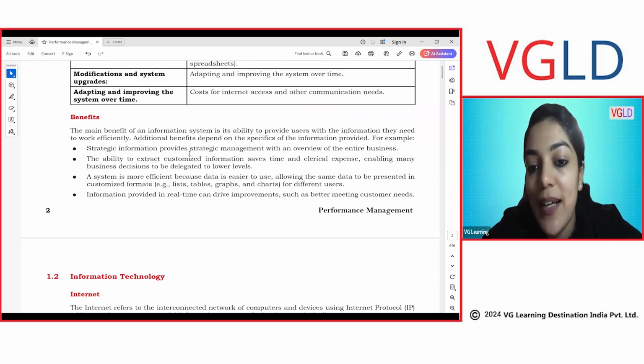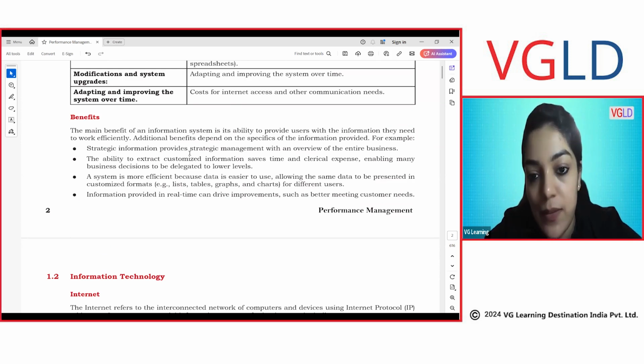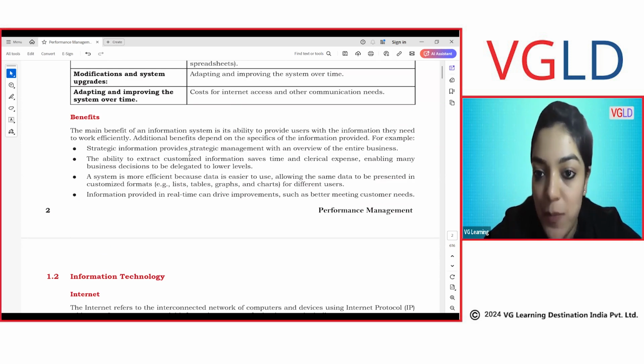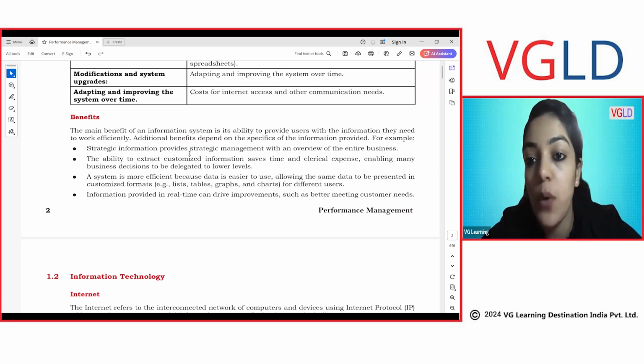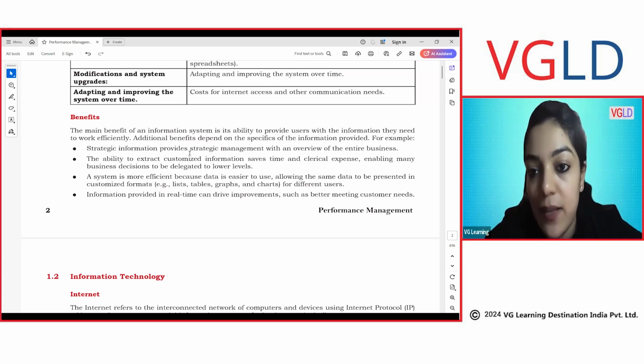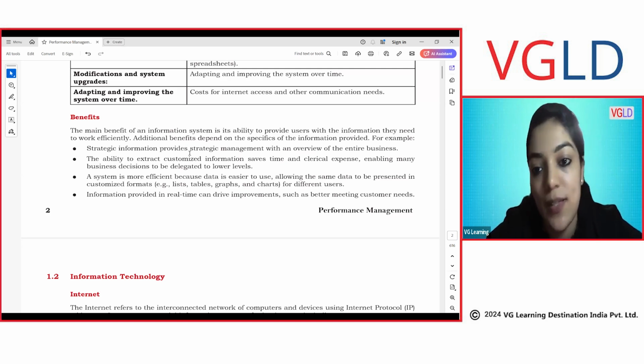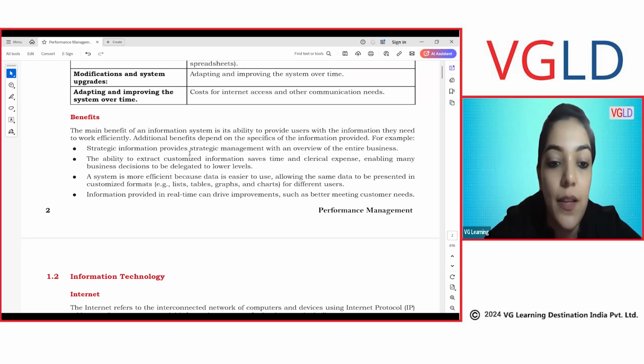The ability to extract customized information saves time and clerical expense, enabling many business decisions to be delegated to lower levels. If you are able to extract customized reports, you are saving the time of the operational staff. So you can delegate them more important work rather than making them do clerical stuff. So information system helps you to prepare those customized reports.